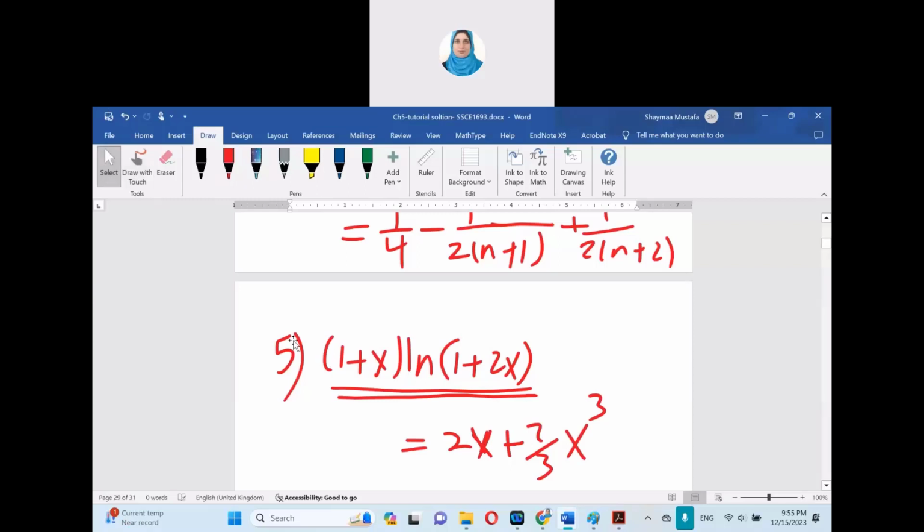That's all. Just find the Maclaurin series for this function.